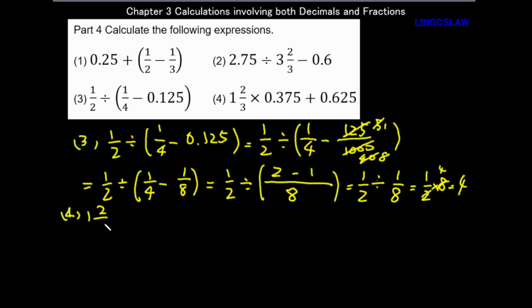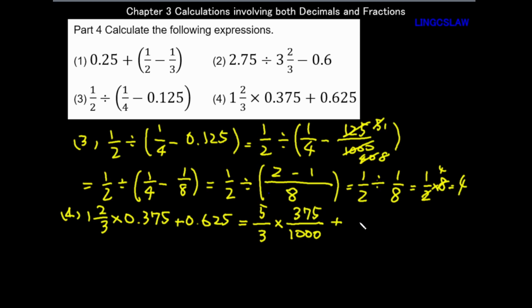1 and 2/3 times 0.375 plus 0.625 equals, okay, denominator 3. 3 times 1 plus 2 equals 5 over 3 times 375 plus 625.